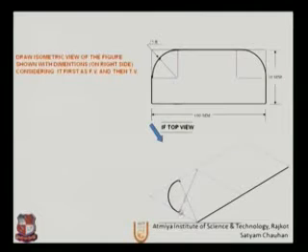Join this line to the midpoint of this line, and from point 1 join to the midpoint of the opposite line, and the intersection point will be the center of this arc.